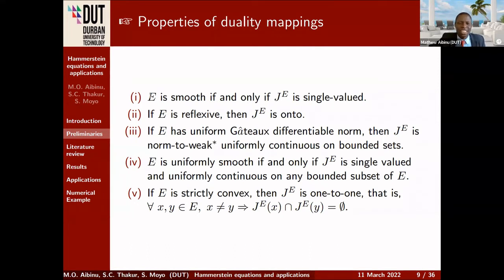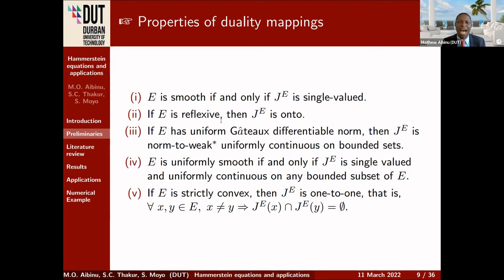Recall that E represents a Banach space. E is smooth if and only if the generalized duality mapping is single valued. If E is reflexive, then the generalized duality mapping is onto.